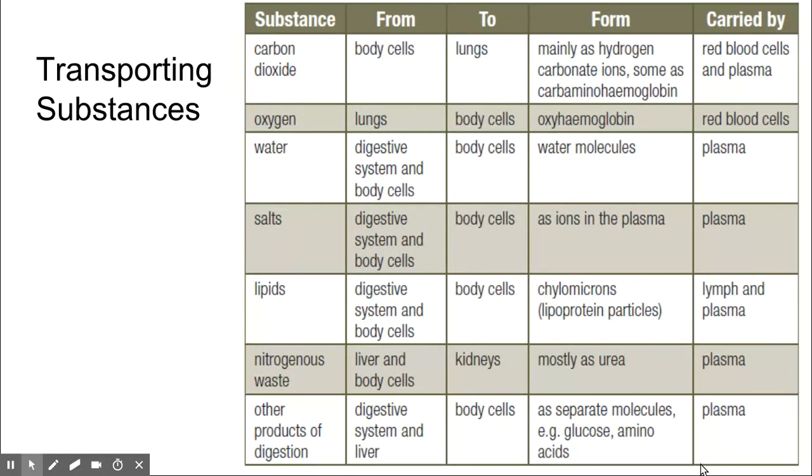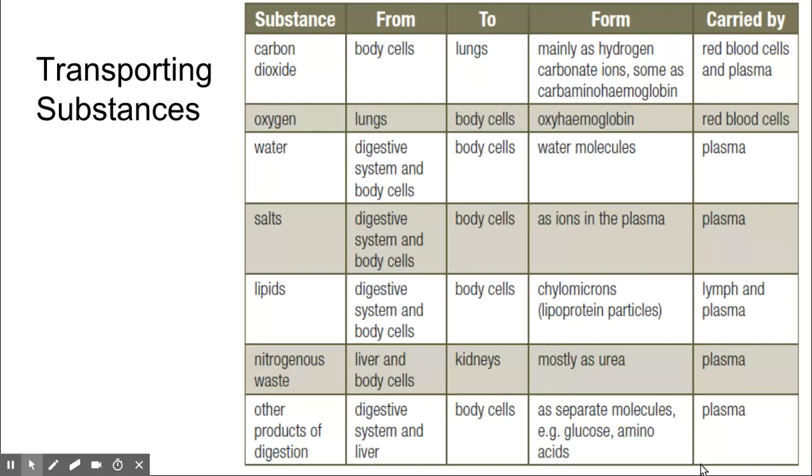So here is a little table of what substances we transport through our body, where they're coming from and where they're going to, the form they're taking and who's carrying them. So we know that we do move carbon dioxide from our body cells to our lungs. These are carried as hydrogen and carbonate ions, and they're carried by our red blood cells. Oxygen, we just talked about, comes from the lungs to our body cells as oxyhemoglobin in our red blood cells. Water is within our plasma.